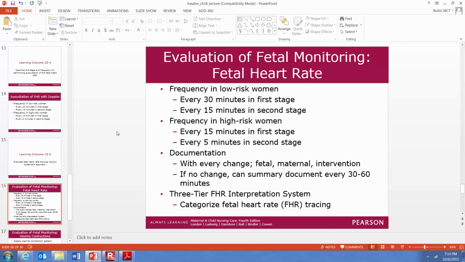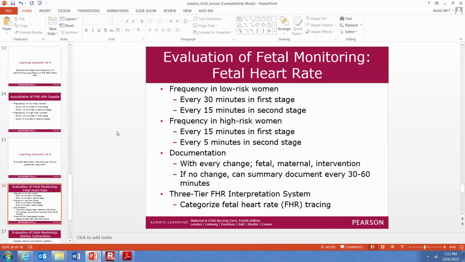But look, if she's high risk, look how often I'm doing my assessments. In the first stage of labor, I'm doing my assessments every 15 minutes. So I don't want to have to document every 15 minutes if everything is stable and everything is the same. So I'm going to do my documentation at every 30 minutes or every 60 minutes. That's going to depend on my hospital policy.